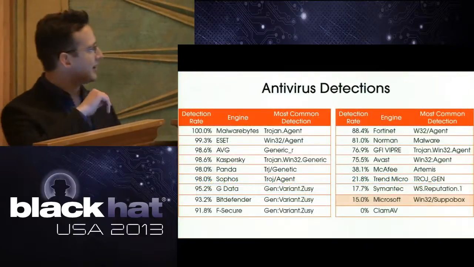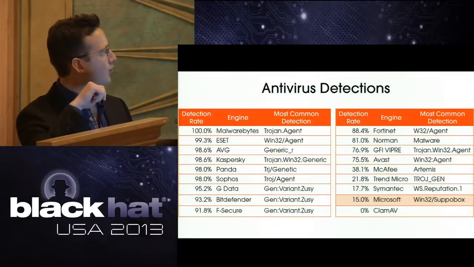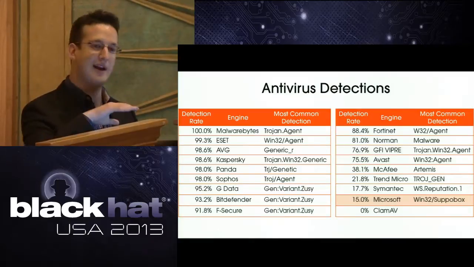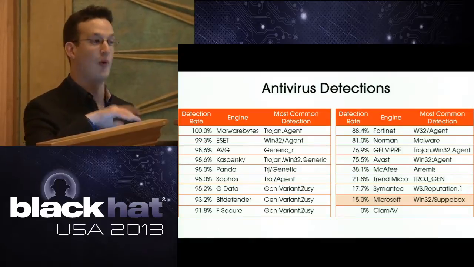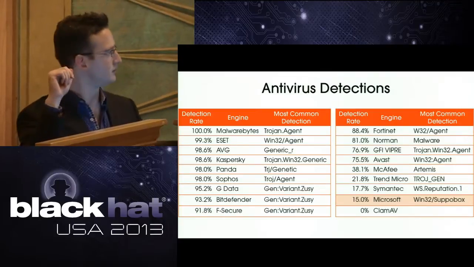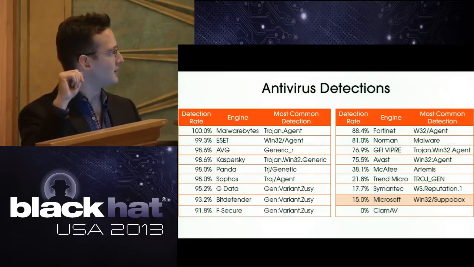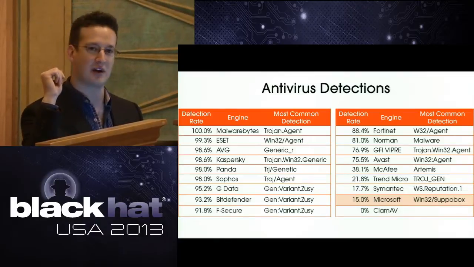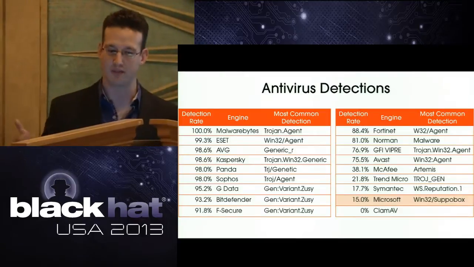So I looked on VirusTotal to see, for all these variants from this entire family, what antivirus engines detected it when it was submitted to VirusTotal, and how they detect it. Well, it turns out that almost all of these AV companies used generic names to detect it, meaning that they didn't fully recognize that this was part of a larger campaign going on.